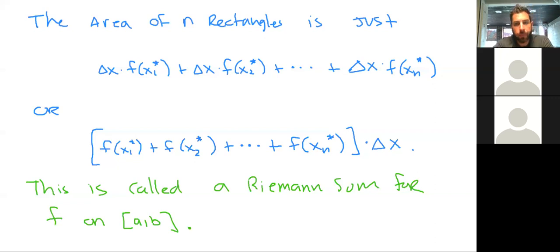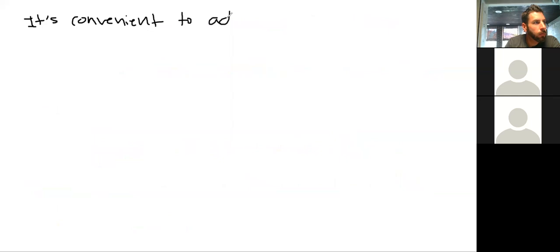So here we go. It's convenient to adopt a shorthand notation.